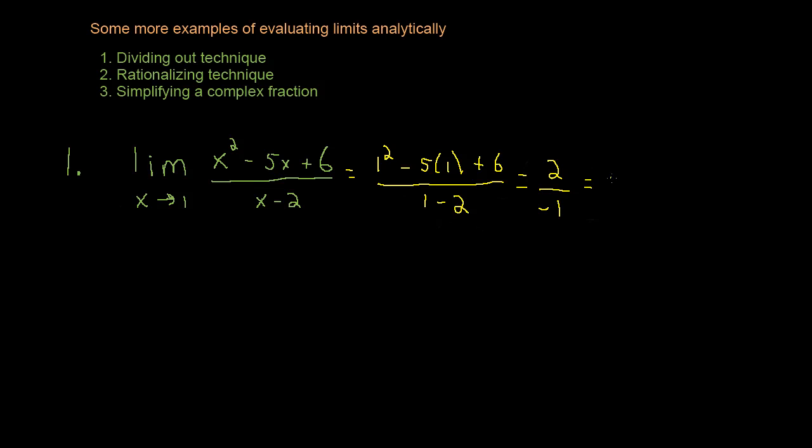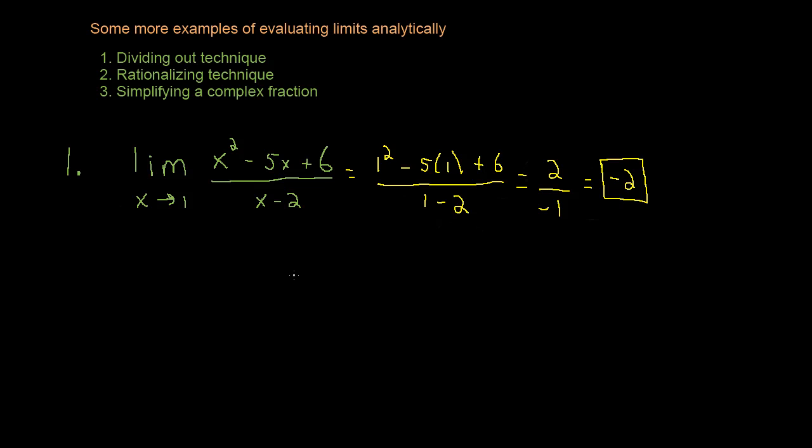And this clearly simplifies to negative 2. So that's your first example, and I want to drive home the point that before you jump to any of these other techniques, even as tempting as that might be, just see if you can plug into your x's and get a number. And if you do, then you're done.